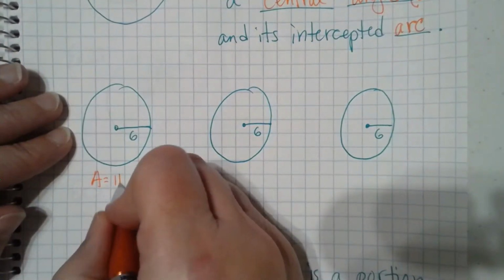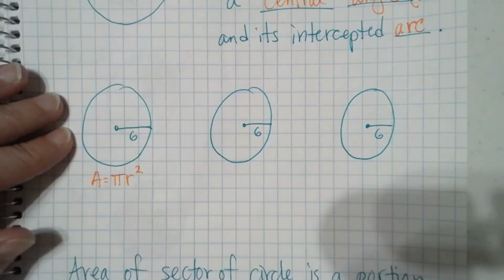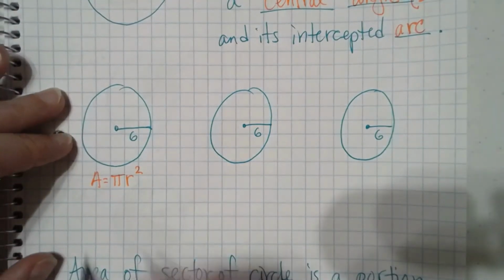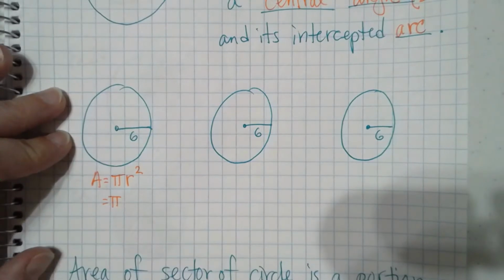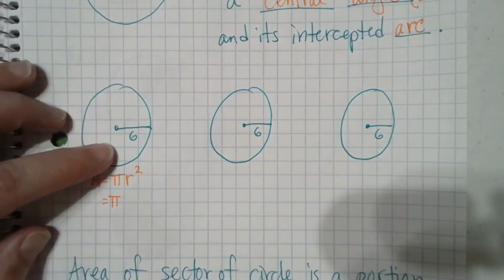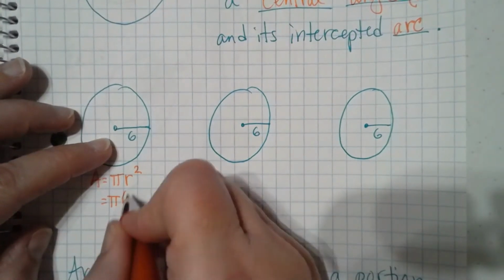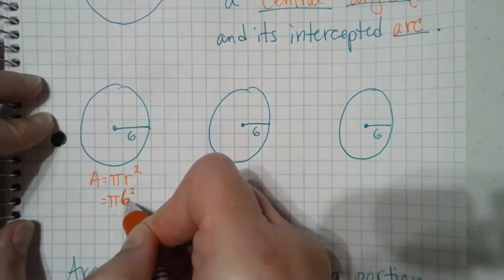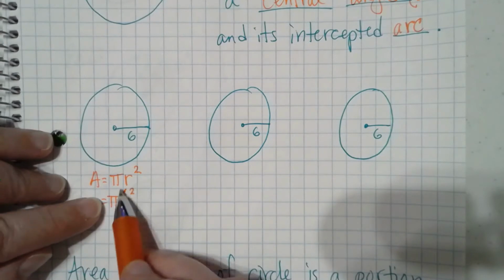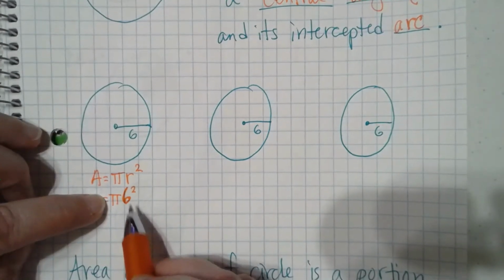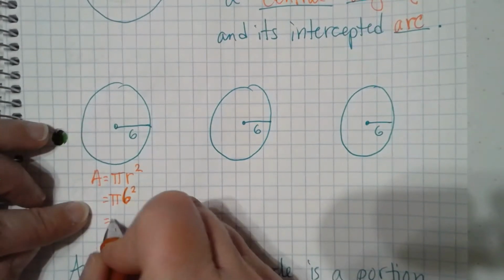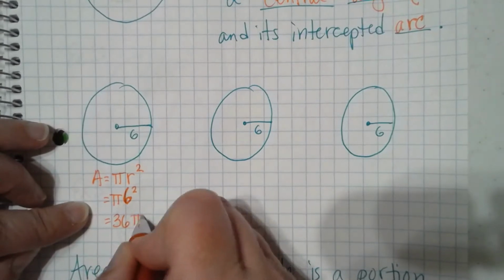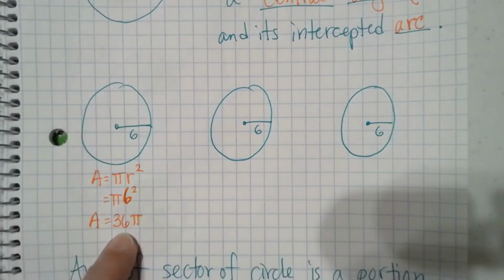Area of a circle is pi r squared. Okay, so pi is just going to stay there because that is actually a number. And then the radius is 6, and we are going to square that. So I'm just going to go ahead and do 6 squared because I know what that is off the top of my head. 6 times 6 is 36, and I'm going to leave my answer as 36 pi.